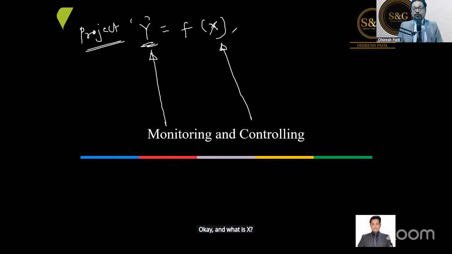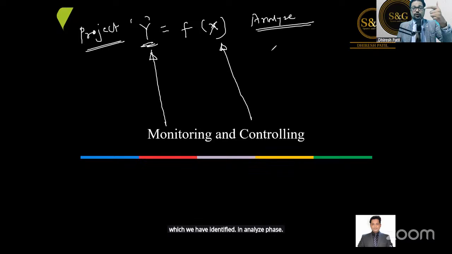X are the input variables which we have identified in analyze phase, in Fishbone and RCA. These are the critical factors. So we have to put a very stringent control on X's to make sure our improved Y remains there and does not fall back. This is a very, very important phase.